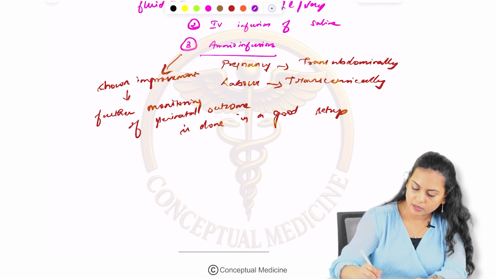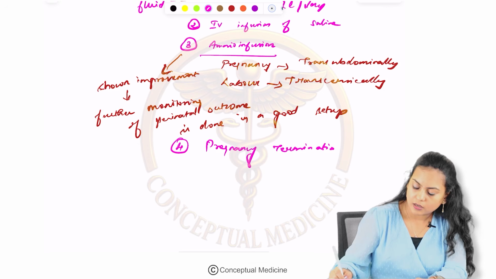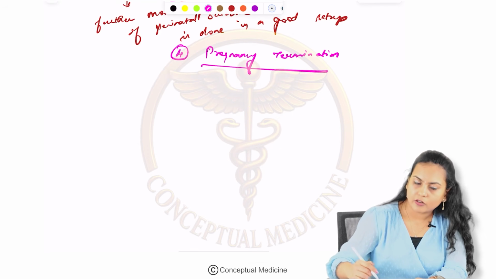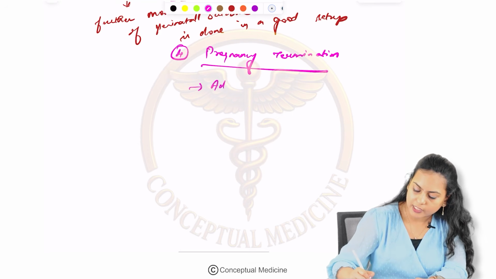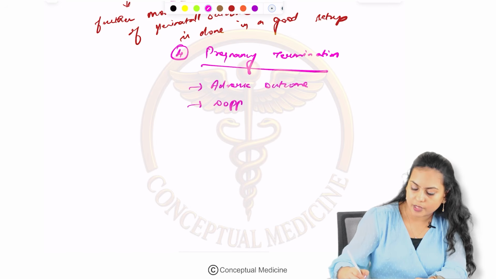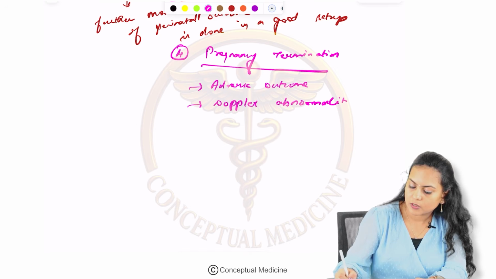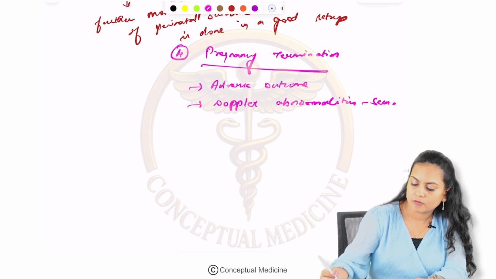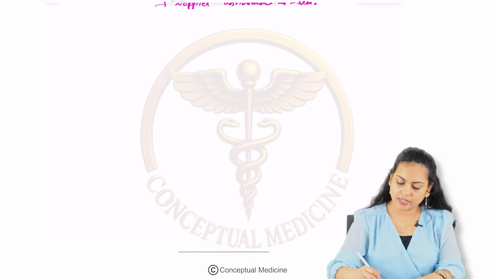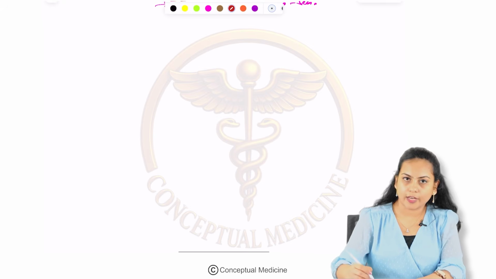Otherwise, we can go for pregnancy termination if there are any adverse outcomes expected through this pregnancy, or if we see any Doppler abnormalities. Okay. Next we will see about polyhydramnios.